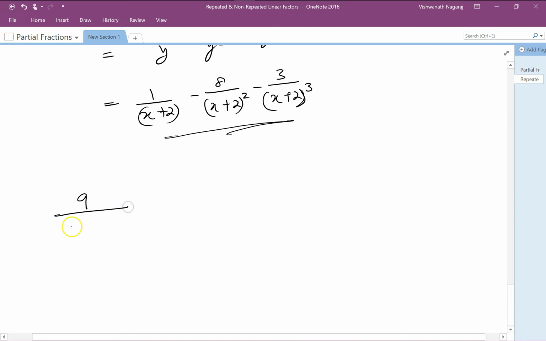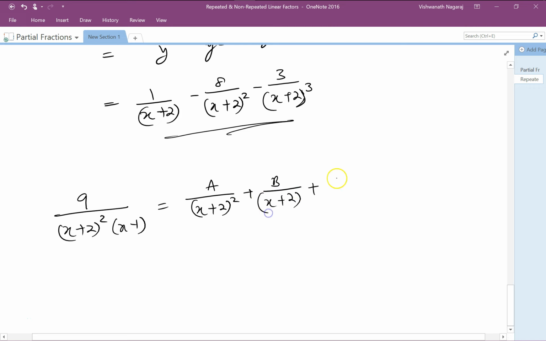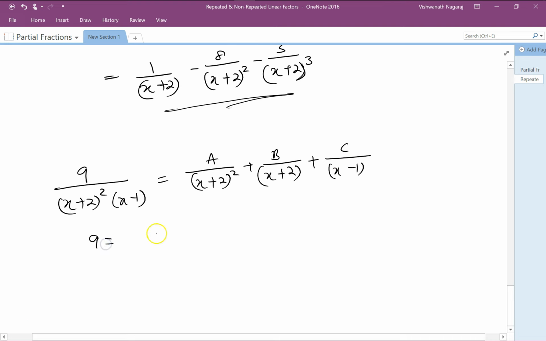Now another problem: 9 by x plus 2 square times x minus 1. So a by x plus 2 square plus b by x plus 2 plus c by x minus 1. 9 is equal to a times x minus 1 plus b times x plus 2 times x minus 1 plus c times x plus 2 square.